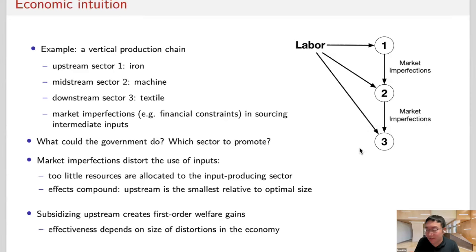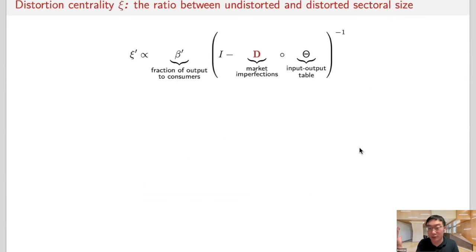So we can generalize this into just a general network structure. Okay, let's talk about the difficulty of measurement a bit later. Let's suppose that we can measure everything in the economy, meaning we can observe the input-output structure of the economy, and we can observe how large the market imperfections are.